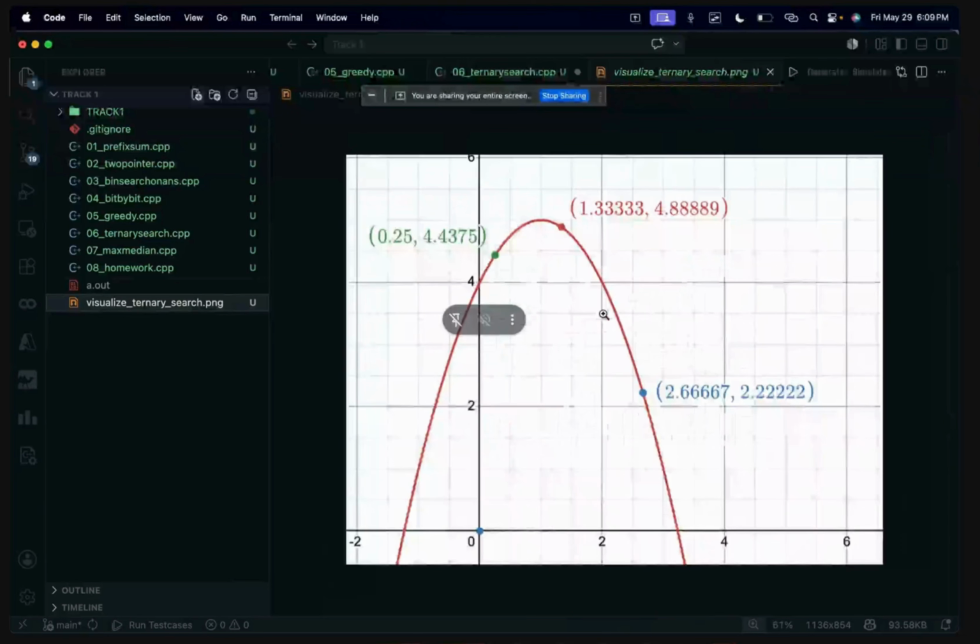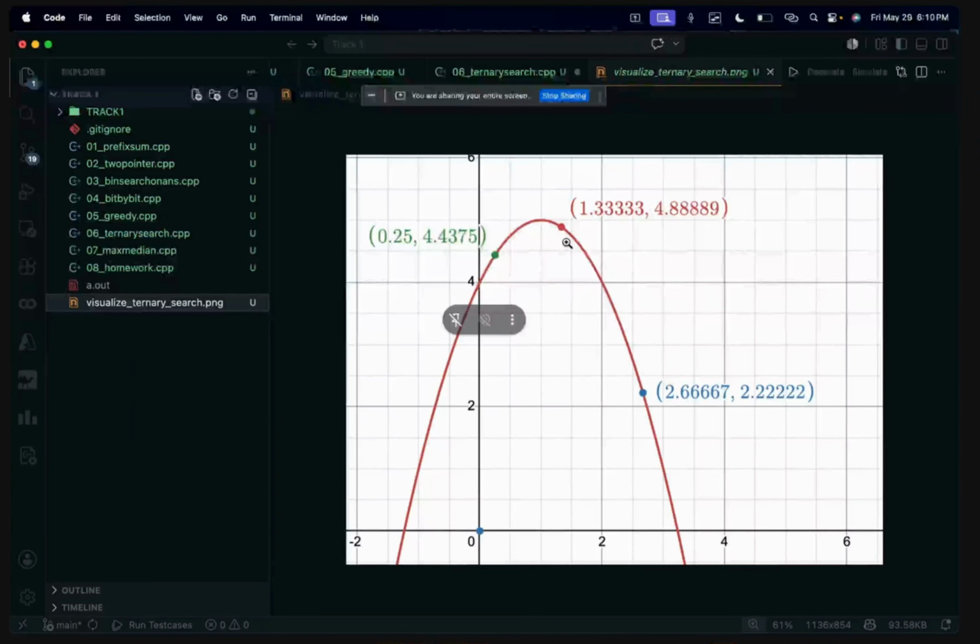Okay. Let us look at this graph. Say R equal to 4, L equal to 0, and M1 is the green point, say, and M2 is the blue point. So we know that since f of M1 is greater than f of M2, we can have two cases for M1. That is, M1 is either the red point or the green point. By red point, green point, I just mean if the red point lies in this range or the green point lies in this range.